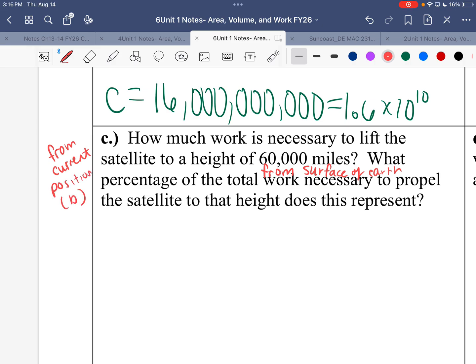The position in part B is what I'm talking about. Try to think about what the boundaries need to be.